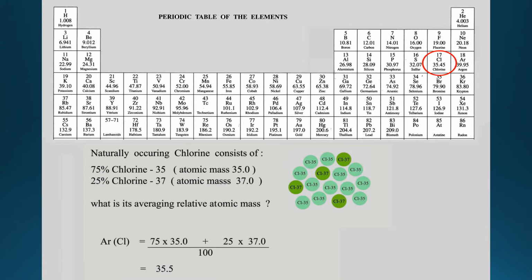So I got 35.5. And that is what the decimal places on the periodic table are about. That is what all these decimal places in atomic mass are about.